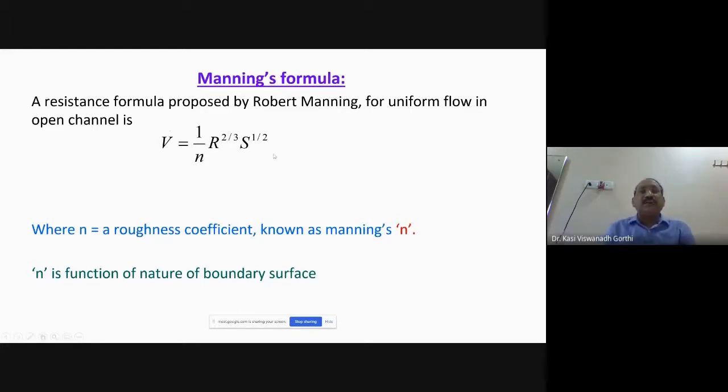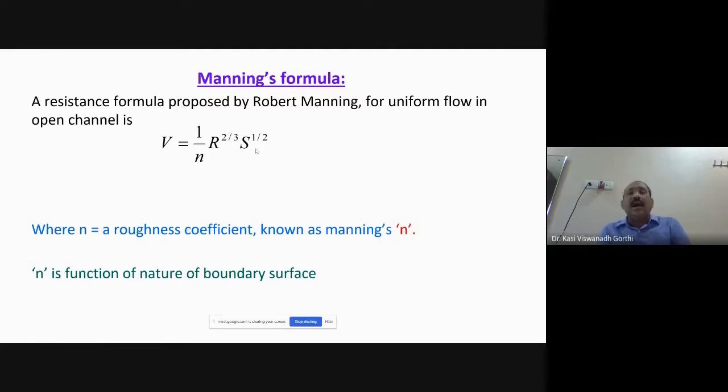So Manning's formula is expressed as V, the mean velocity at any given section, is equal to 1 by n R to the power 2/3 S to the power half. In the earlier case, you must have seen square root of RS, that means R to the power half, S to the power half in Chezy's formula.